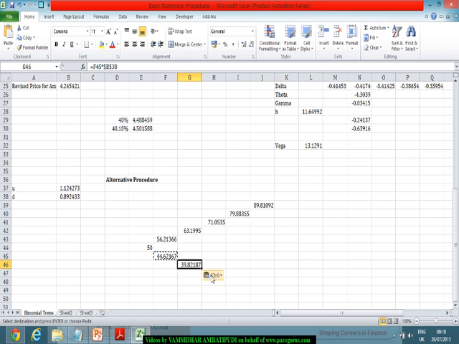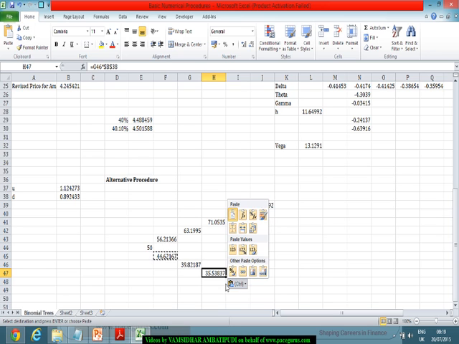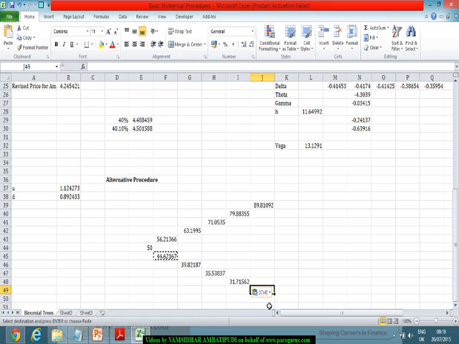So the tree can be constructed even using this kind of a mechanism as well. We'll get small changes.